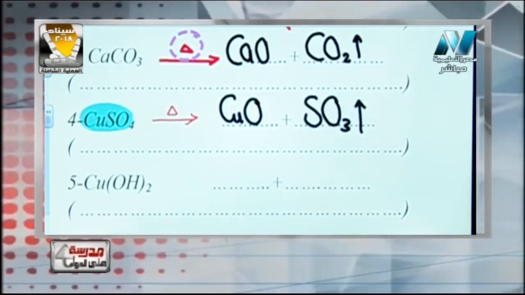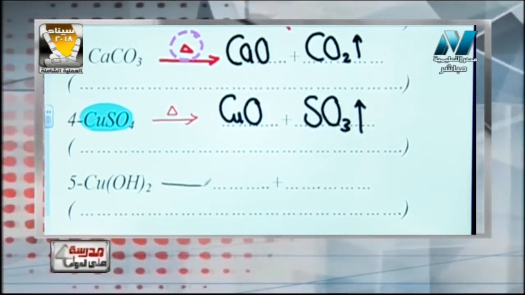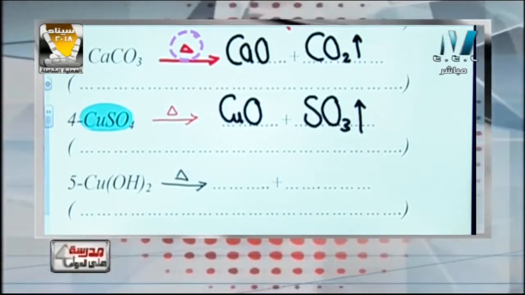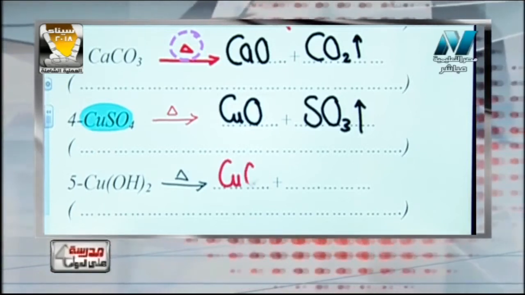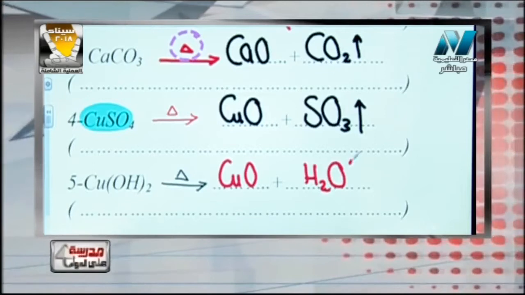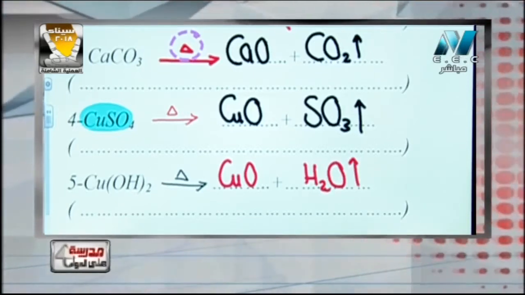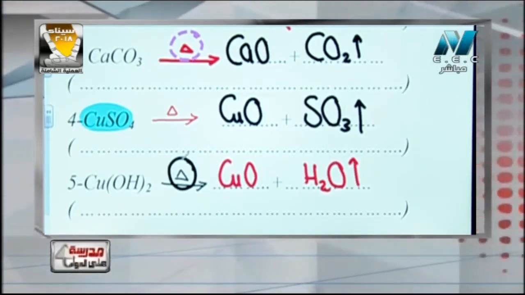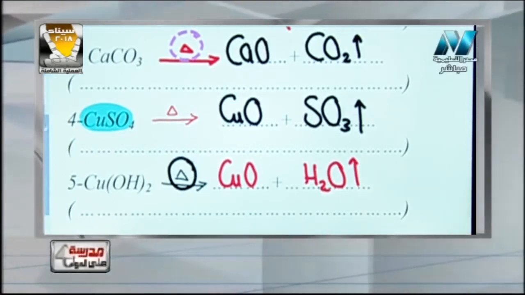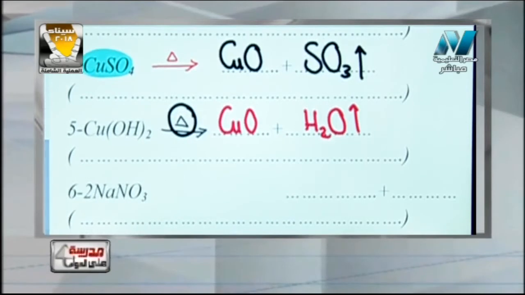Here we have another one, copper hydroxide Cu(OH)2, which gives CuO and H2O as water vapor, because here we have heating. So if we have heating here, we talk about thermal decomposition reaction as in the previous chemical equations.